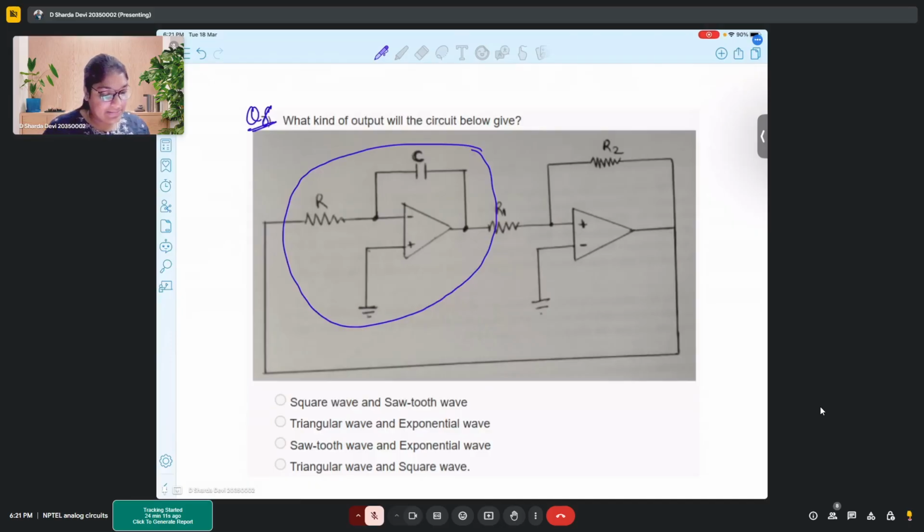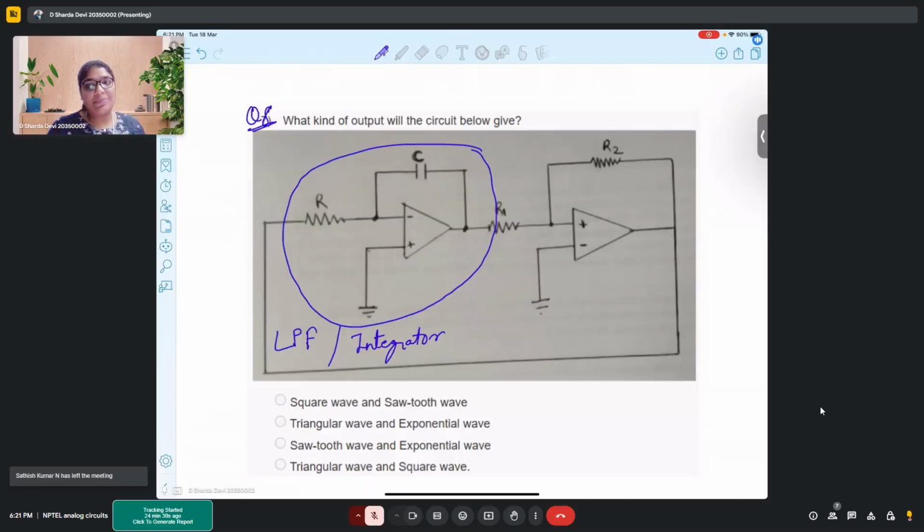When you have a capacitor in feedback and there is a resistor, this is an integrator, or it can also be a low pass filter.